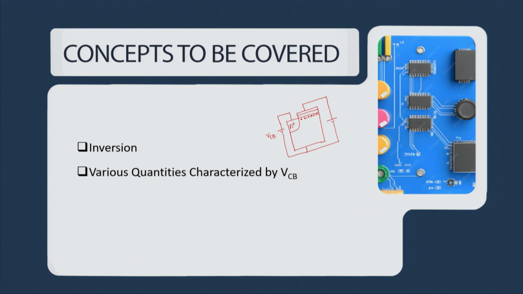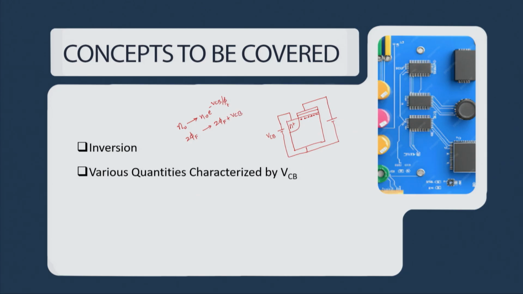In the previous lecture, we have seen how the equations we derived for 2-terminal MOS hold good by replacing N naught by N naught e to the power of minus VCB by phi t, and 2 phi f, which is the surface potential, by 2 phi f plus VCB.